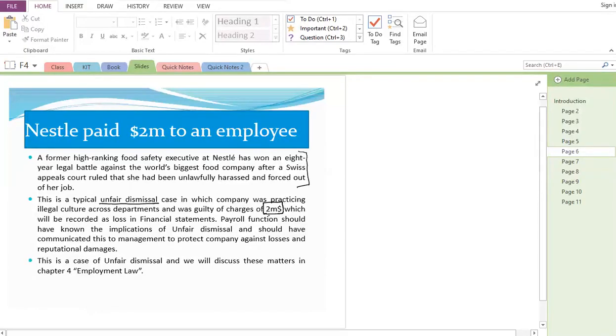So it is very important for an accountant to know how an employee must be dismissed. If that particular employee had been dismissed according to the laws, the company would not have had to pay this $2 million. So it is very important for the accountant to not only record the transaction but to guide the company on the matter and on the course of action that the company is going to pursue in future.